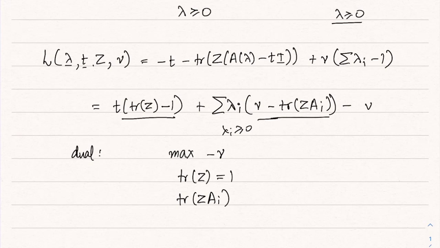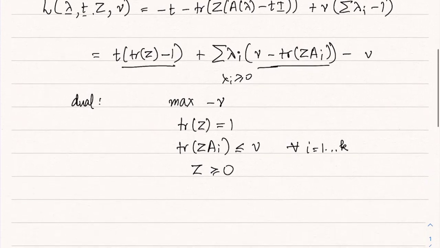So trace of Z A i is less than or equal to nu, and this should hold for all i from 1 to k. And then finally we have that Z is PSD. So these are our constraints.